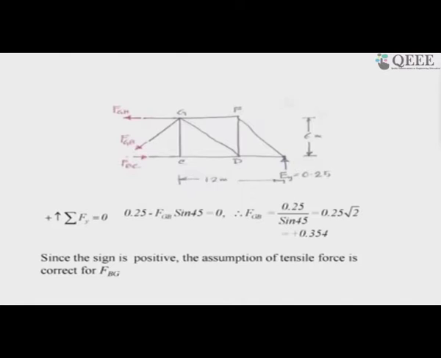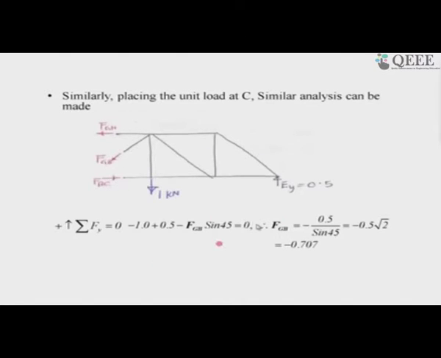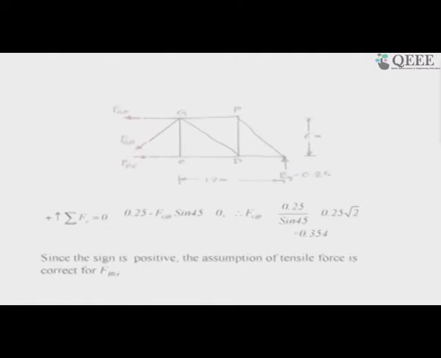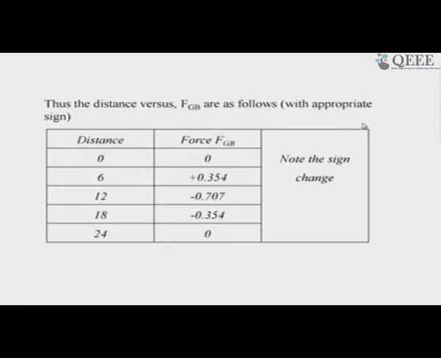I am not going to detail because it is very easy for you, and you will solve the member forces due to the unit load elsewhere also. So, you can continue with this kind of loading at B and at C, and then continue further at this point, and you can at last tabulate the force in a particular member for which you are drawing the influence line diagram. Once again, as the influence line diagram of shear force and bending moments was at a particular section for the beam, the influence line diagram for the truss is for a particular member.